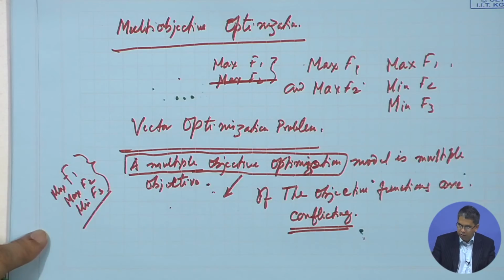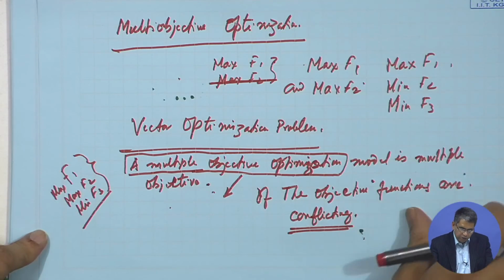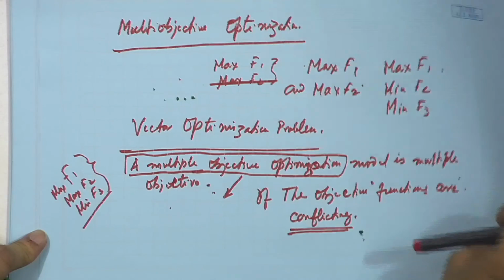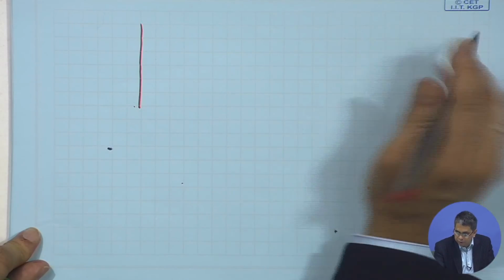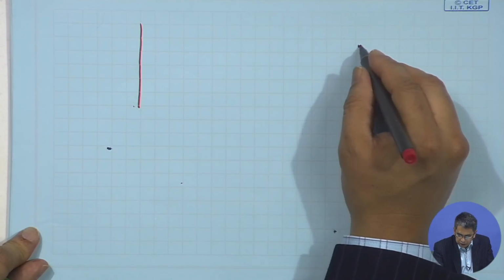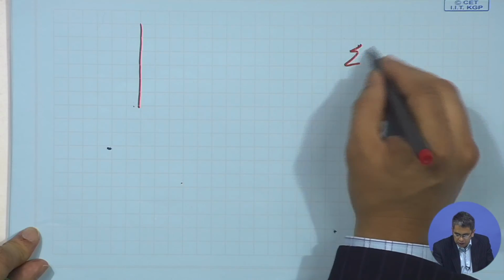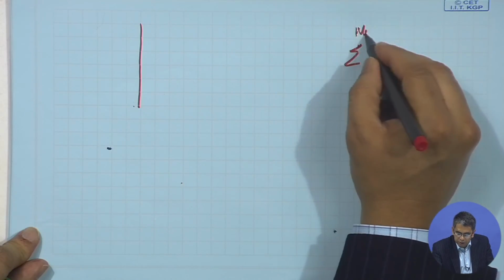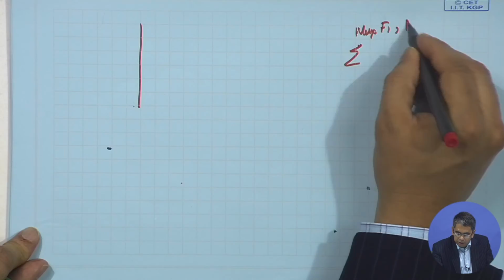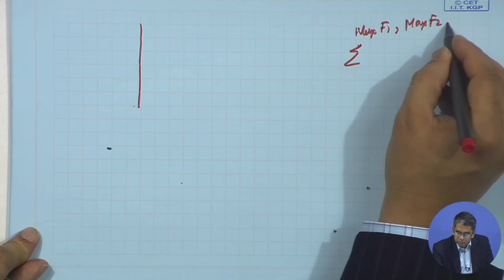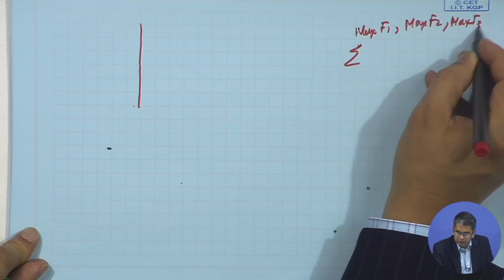If they are conflicting, only then you will call it that; otherwise it is not. You might have three objective functions, then it is not conflicting. So then you can actually add them. Suppose you take maximize f1, maximize f2, maximize f3 or something like this, just to make it simple.